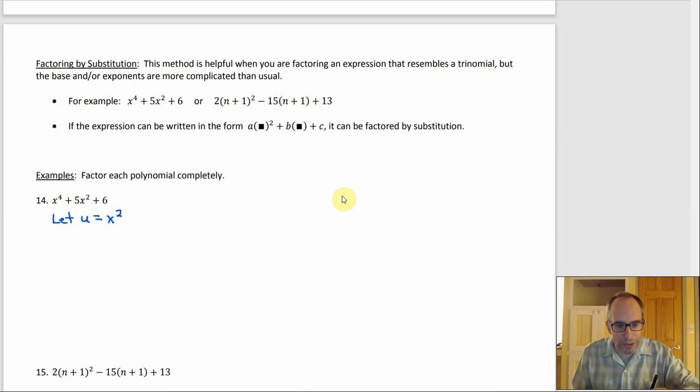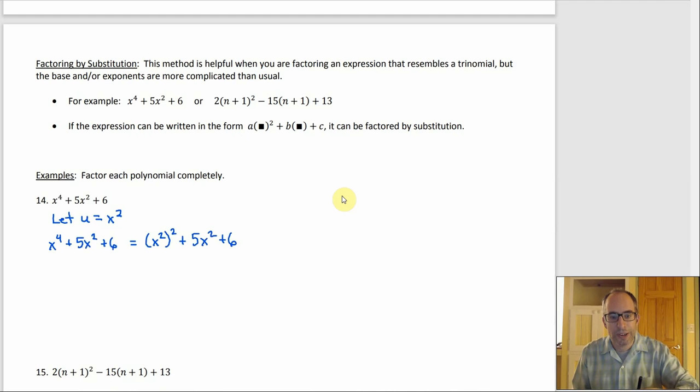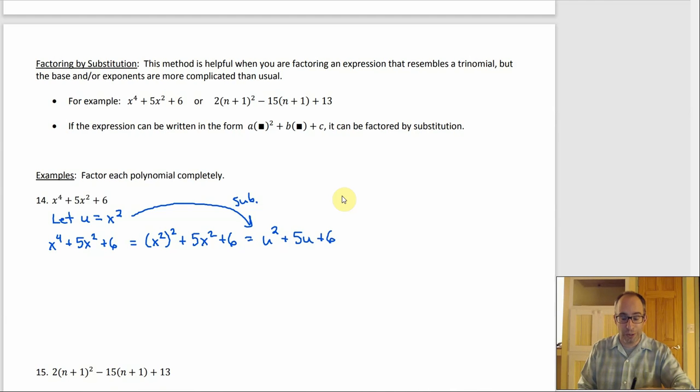Because what we've got right now, x to the fourth plus 5x squared plus 6, you could say, well, really that's x squared squared plus 5x squared plus 6. So then if we do the replacement, which is going to happen right here, this is where we're going to sub. We're going to have u squared plus 5u plus 6. So basically I just stuck u's in where the x squareds were.